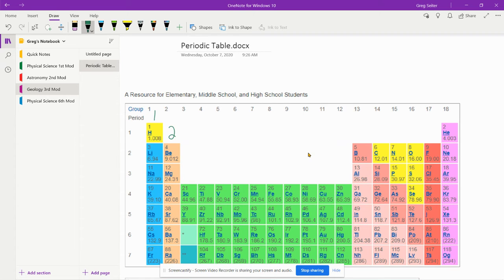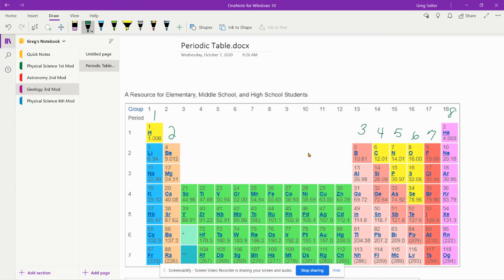1, 2, 3, 4, 5, 6, 7, 8. This tells me how many valence electrons I have. If you had me, you know the magic number is 8. They want 8 valence electrons.